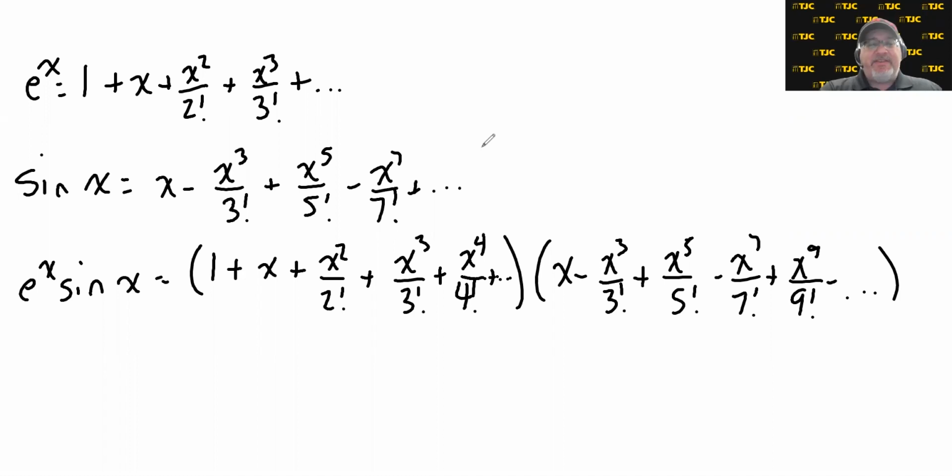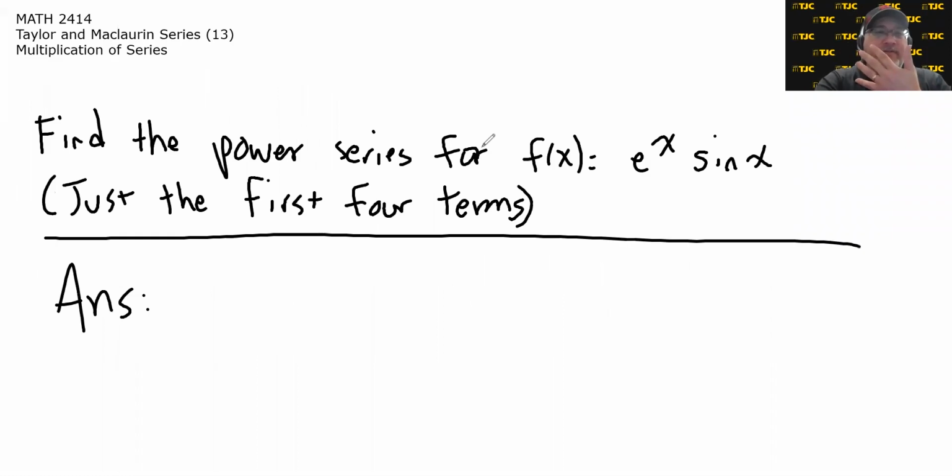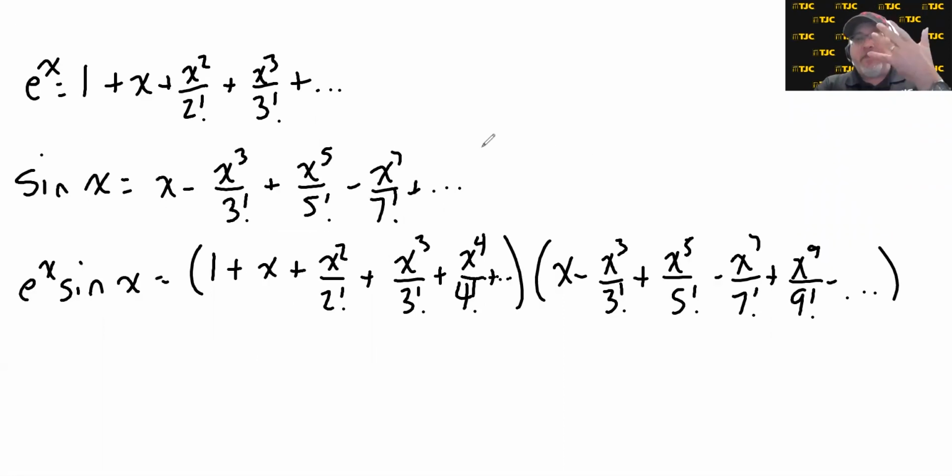Because when we multiply these out and get the first 5 terms of a power series, they are in increasing order of power, starting with 0 power. So there's a constant, then an x to the 1st, x to the 2nd, x to the 3rd, x to the 4th. So for the first 5 terms, I'm going to have up to x to the 5th.